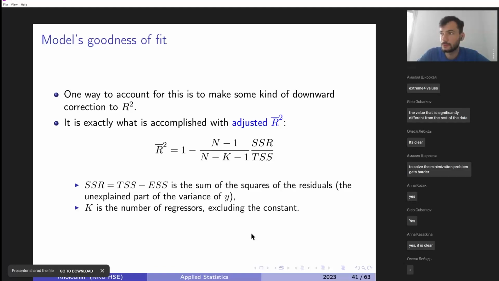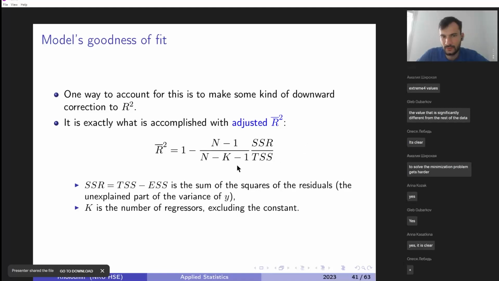So generally you take the explained and divide it by the total, right? To calculate R squared. But now you do kind of simple stuff. You take 1 minus, and inside is 1 minus R previously, because if you open SSR, it's going to be 1 minus the previous R squared.